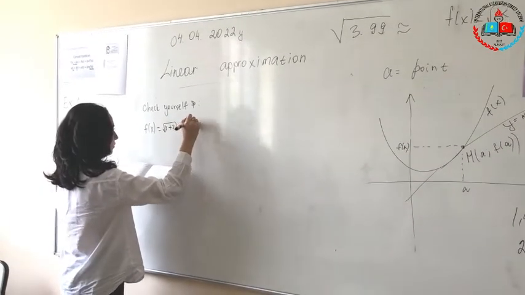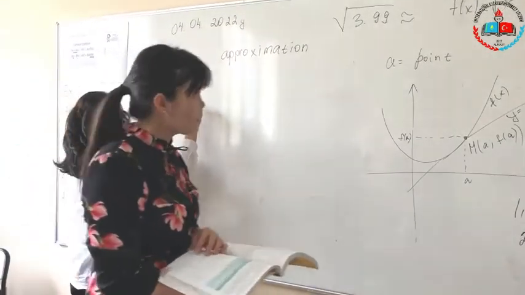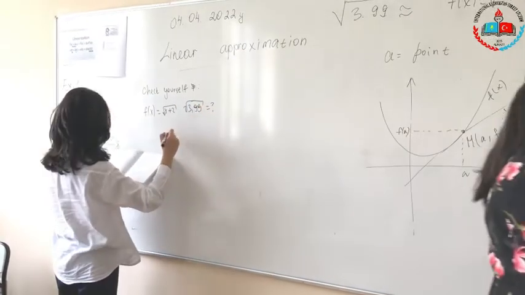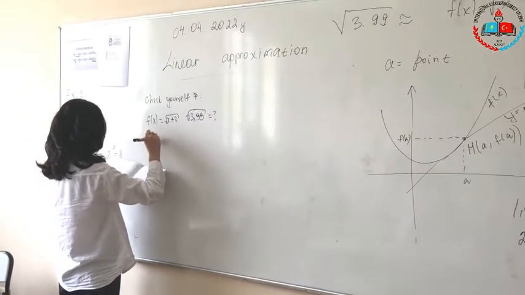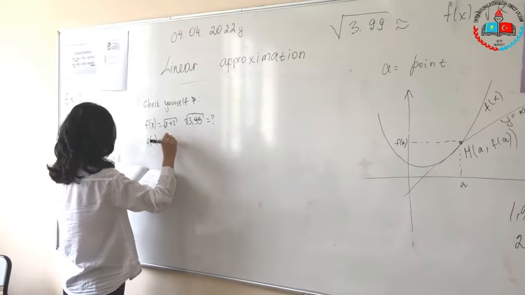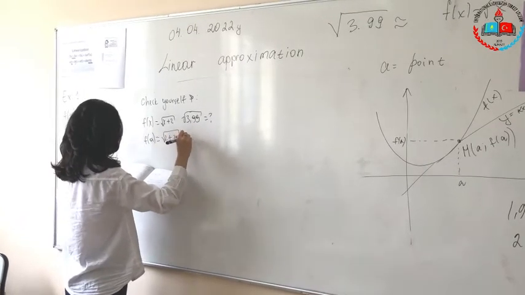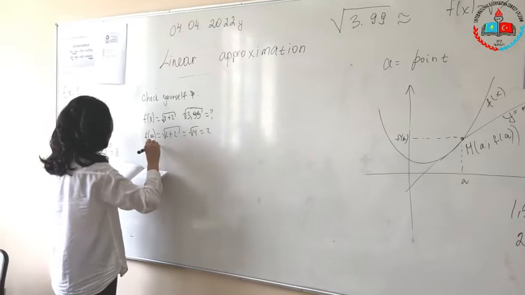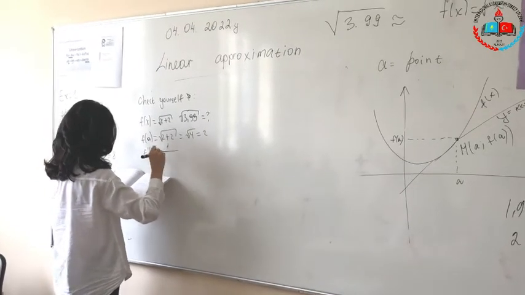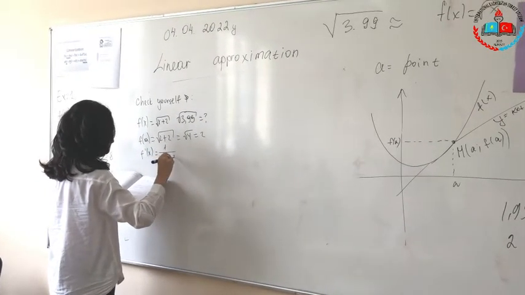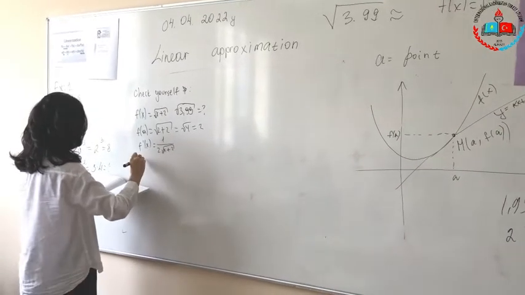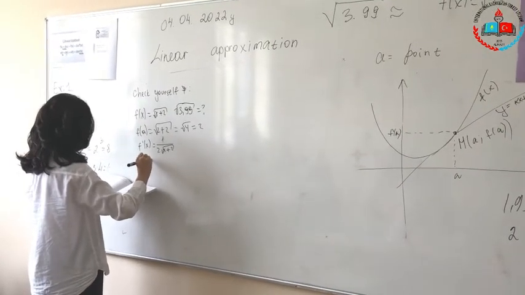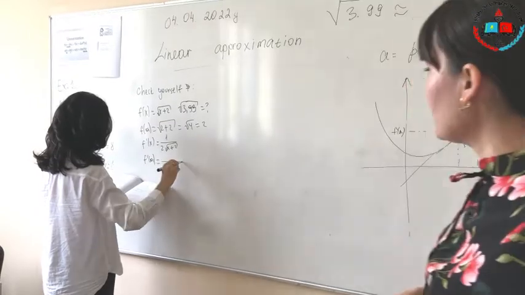So, the type of the function is a root function, yes? And you will solve in your copybook, please. So how are you solving?